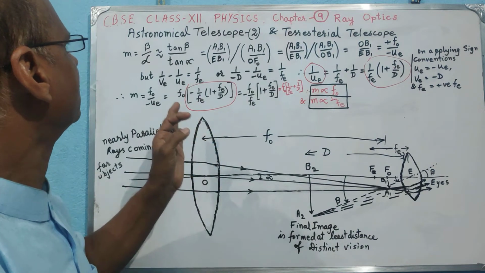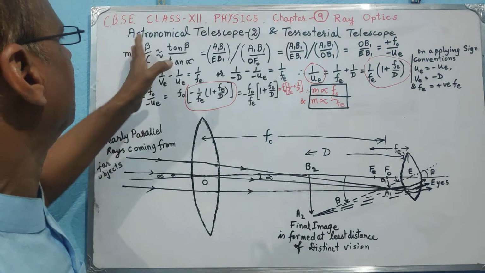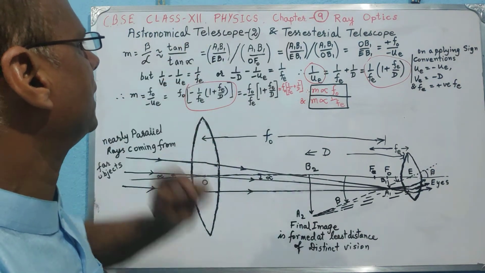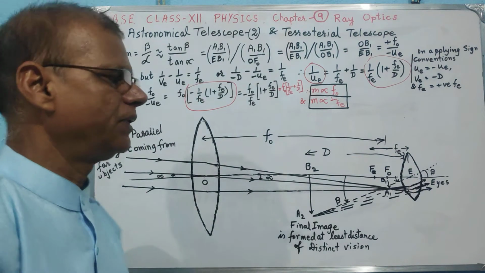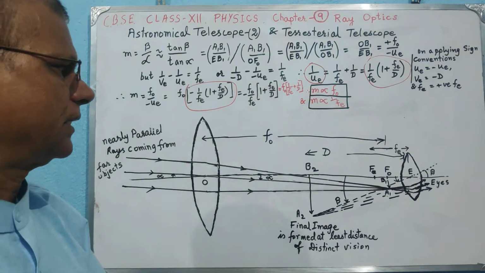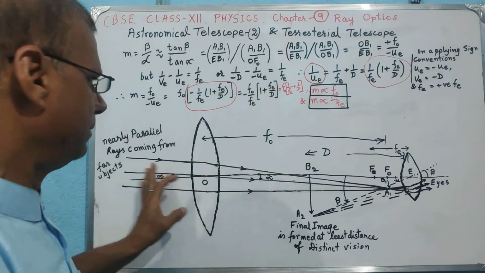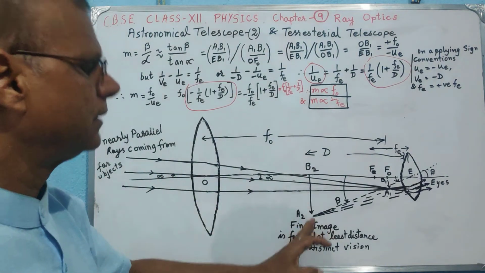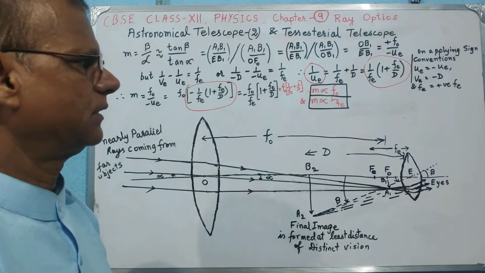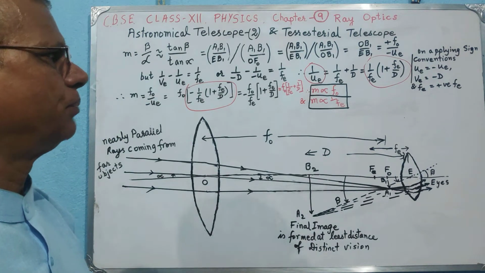Now if we want to discuss the terrestrial telescope, what we simply do is create a situation such that the image which is formed inverted becomes erect. How is it done? It is very simple.